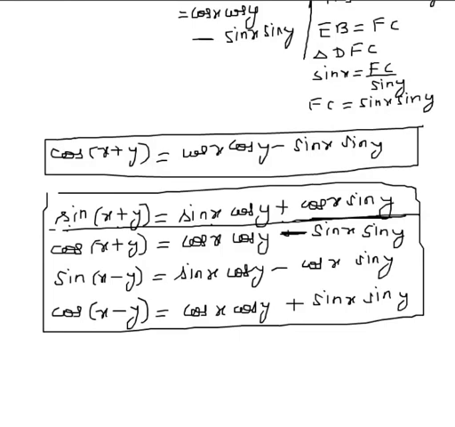Once it takes the other function, it gives it to the other cos. And then cos of x plus y. Cos is a bad function, very greedy it is, remember it like that. It takes both for itself, cos x, cos y. And then next time only it gives to sin x, sin y. And because it is giving to sin, it doesn't like that. So it gives a negative sign also. Remember it like that. So cos of x plus y becomes cos x cos y minus sin x sin y.